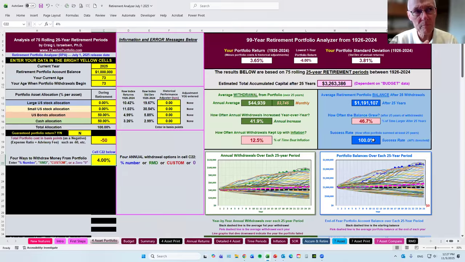In other words, when you withdraw a percentage of a portfolio's value in any given year, that withdrawal takes into account what happened to that portfolio in the prior year. So some years, using a percentage withdrawal, your withdrawal will actually go down because the portfolio had a negative return, like in 2008, 2022, 2001, 2002.